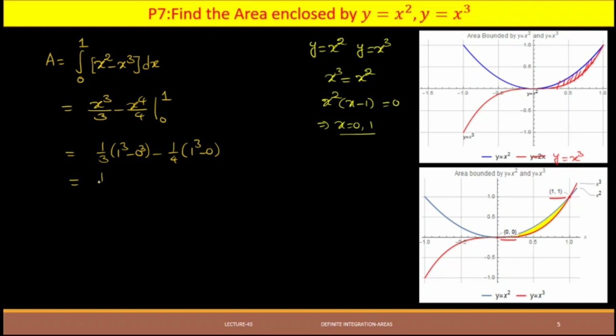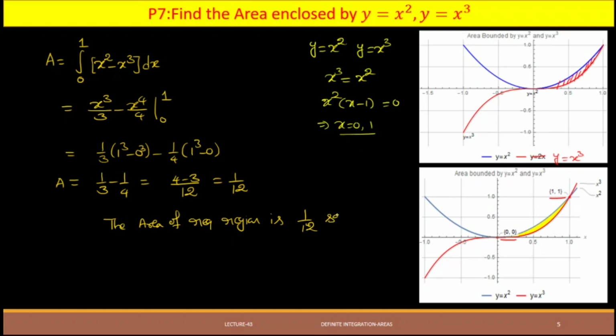So that is equal to 1 by 3 minus 1 by 4. The LCM is 12, so it is 4 minus 3, that is 1 by 12. So the area of the required region is 1 by 12 square units.